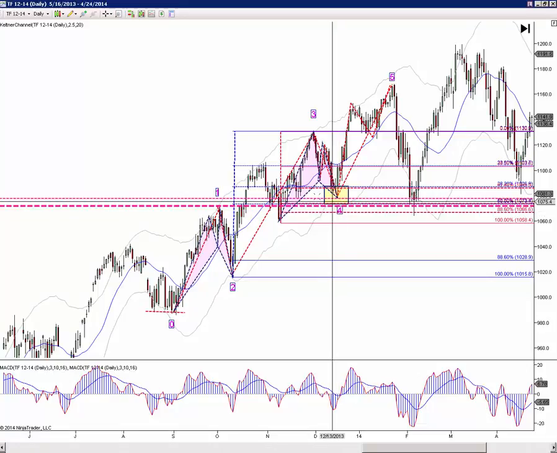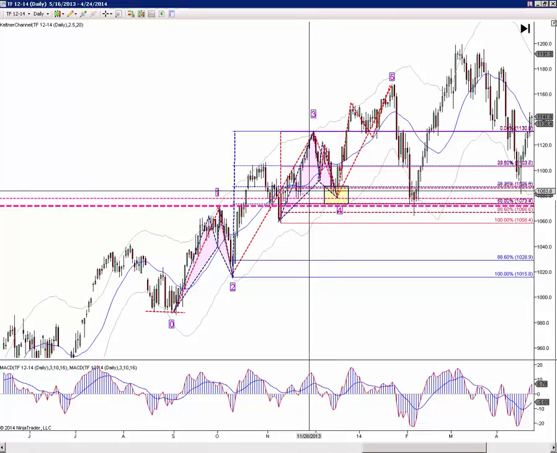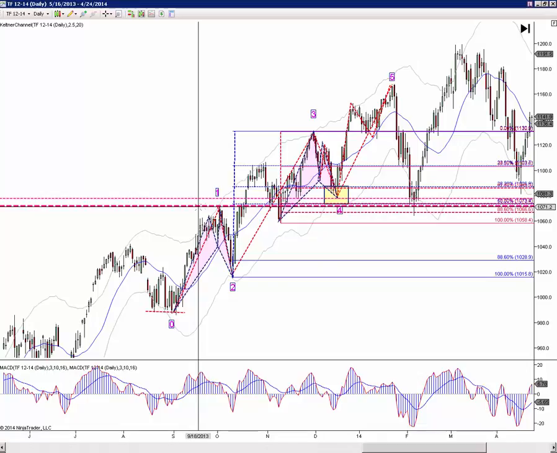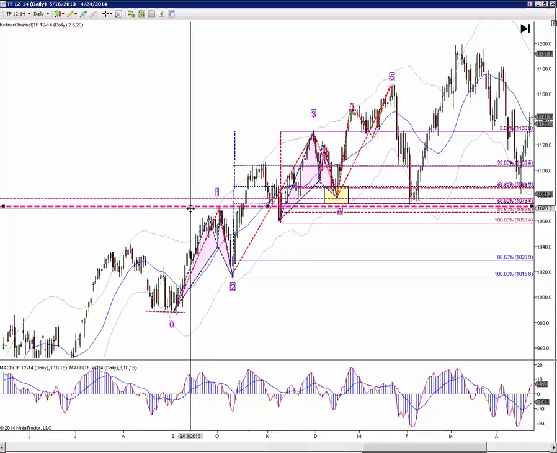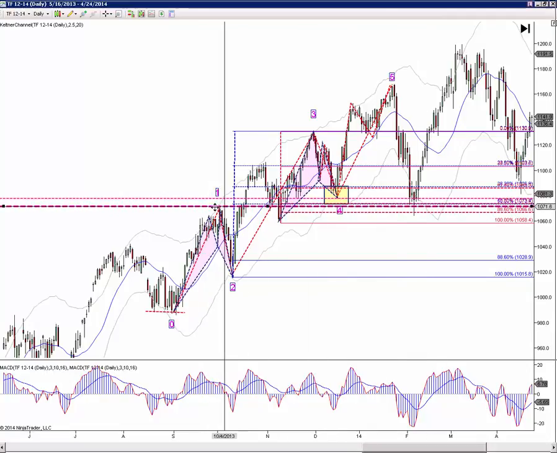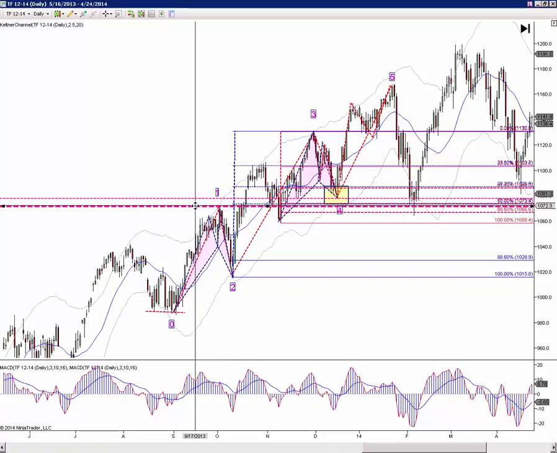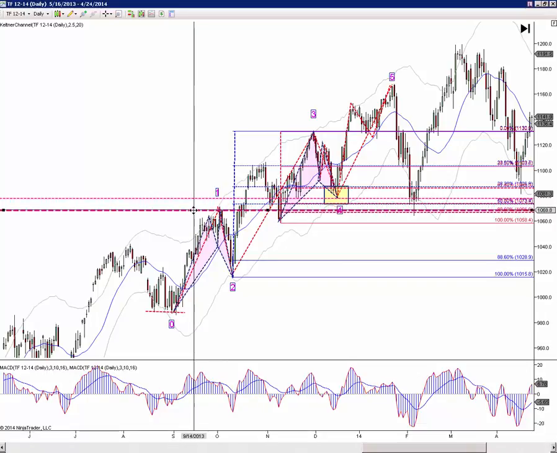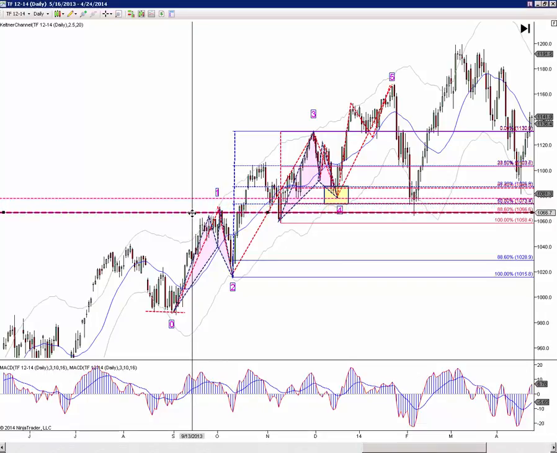Okay, that's what you're doing. You're always identifying your patterns, you're always identifying your risk. In this case, your risk is right at this point, it should not break this point. So you bring your risk down below here.